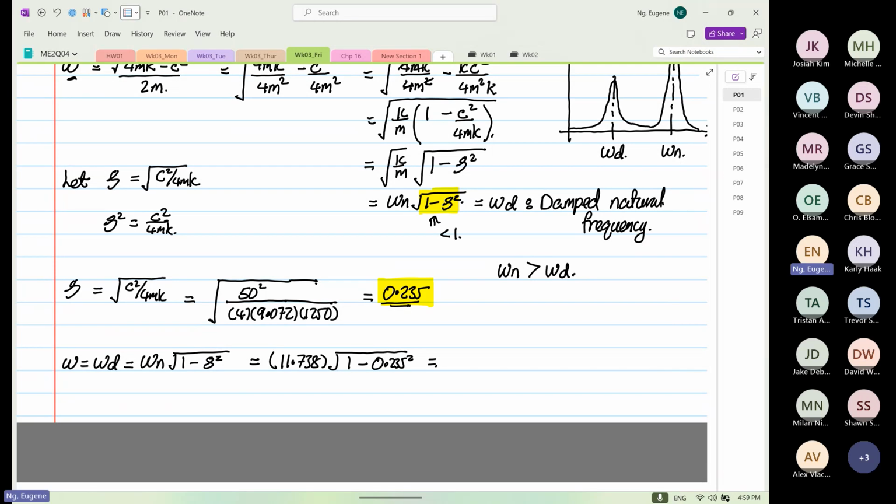Okay, so 1 minus 0.235 squared, square root the whole thing times 11.738. So it's 11.409 radians per second. Again, another value that is of importance to us.